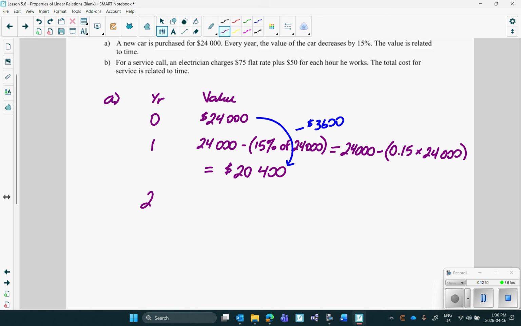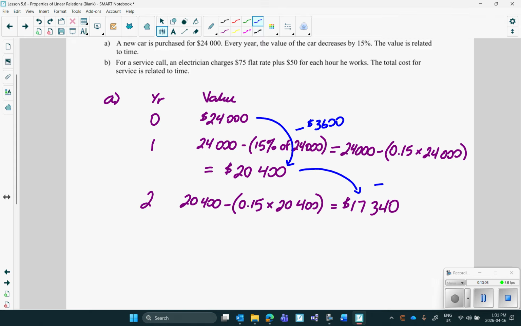So remember, the car is now worth $20,400, and we have to subtract away 15% of $20,400. And when you do that, you're going to get $17,340. How much did it go down the second year?